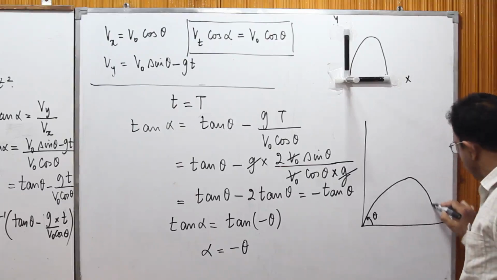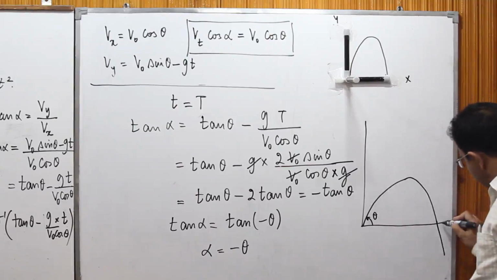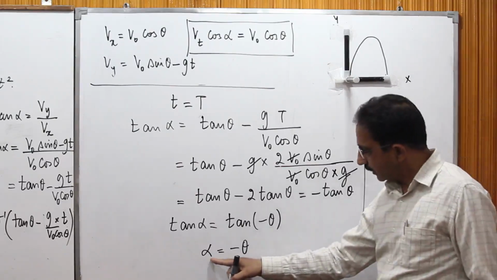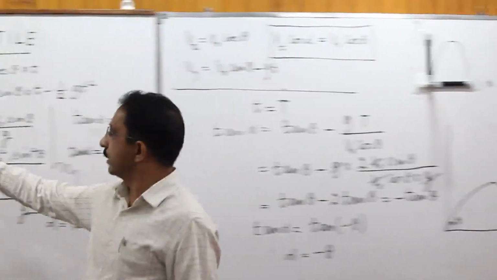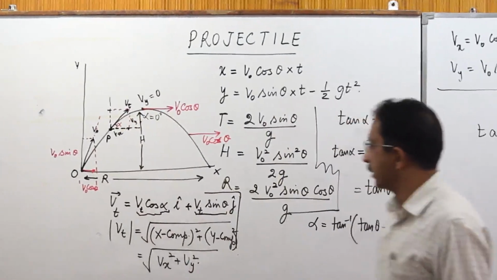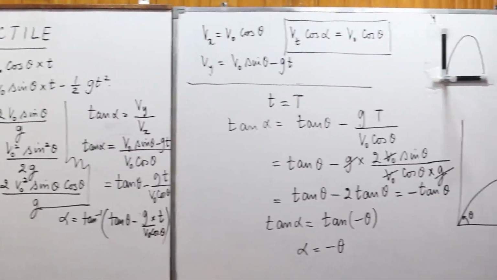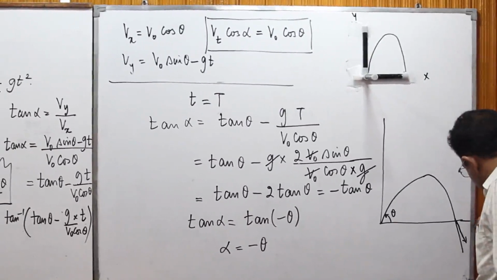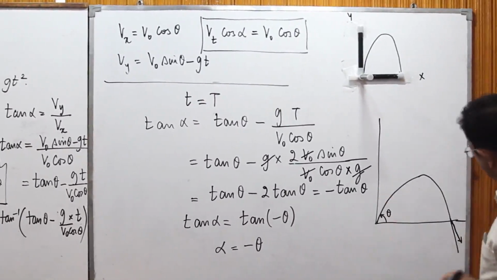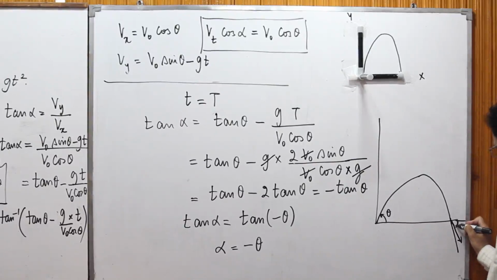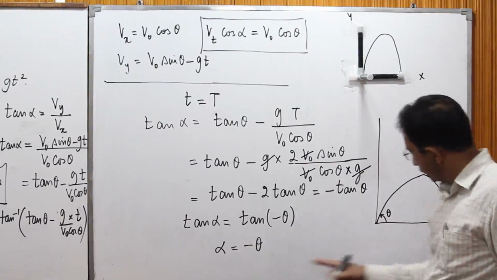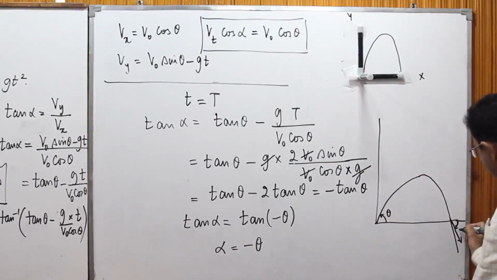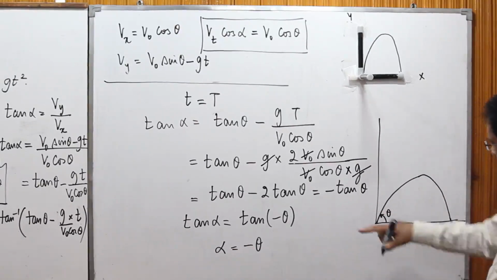After completing the trajectory, जब ये यहाँ पर hit करता है, it hits at an angle that is alpha, or alpha is angle subtended by its velocity with respect to horizontal. So at this point, the angle subtended by its velocity, this is the velocity with respect to horizontal. ये मैंने anti-clockwise direction में लिया है, इसको मैं clockwise direction में लेता हूँ. It is that way कि these two angles are of opposite sign. Theta का जो opposite होगा, that will be minus theta. Theta I take in anti-clockwise direction, minus theta I take in clockwise direction.